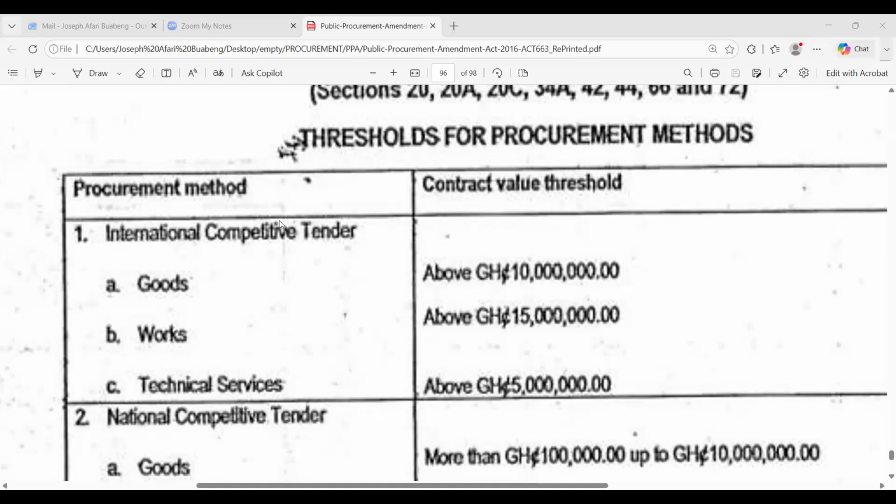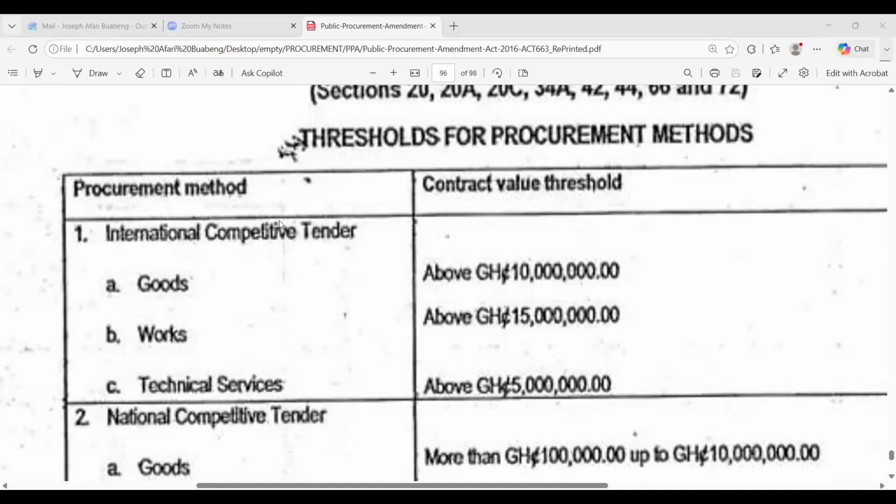And this is common in public procurement. So for goods procurement, once the procurement value is above 10 million Ghana cedis, then look at the Act. The Act is saying that you need to use what? International competitive tendering method.